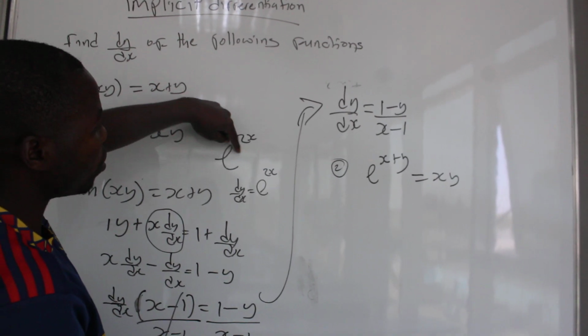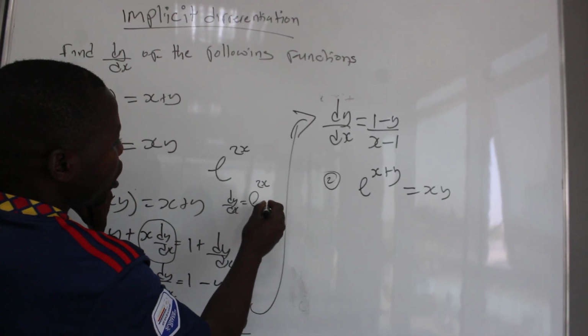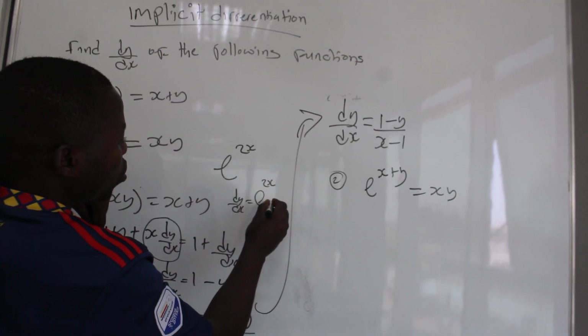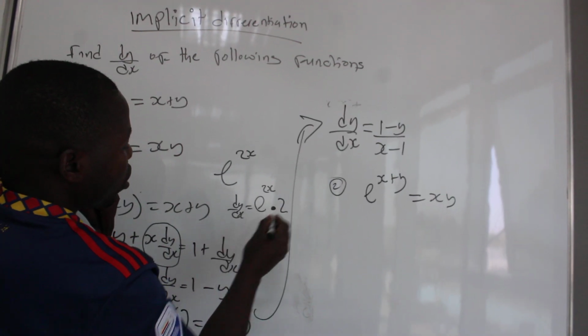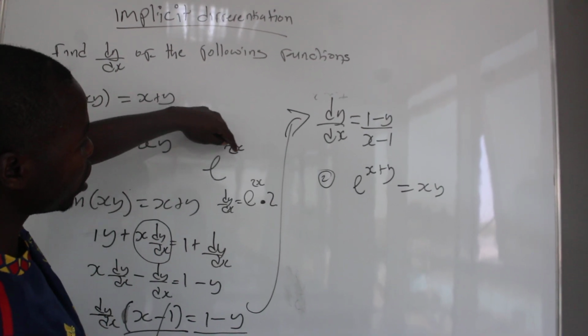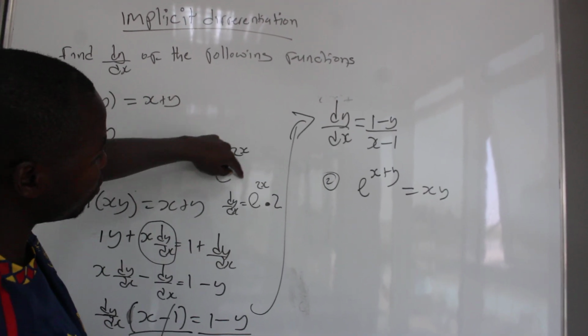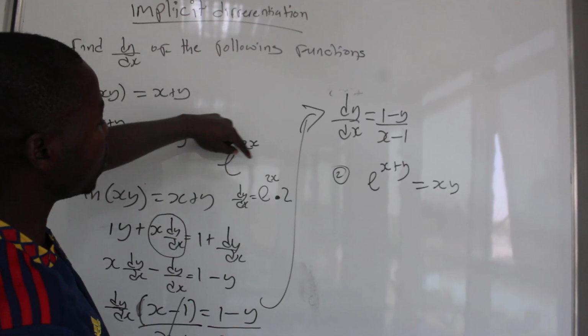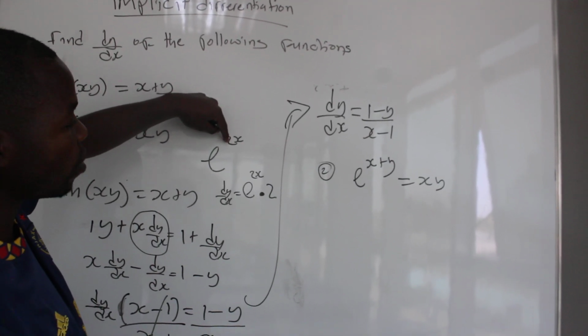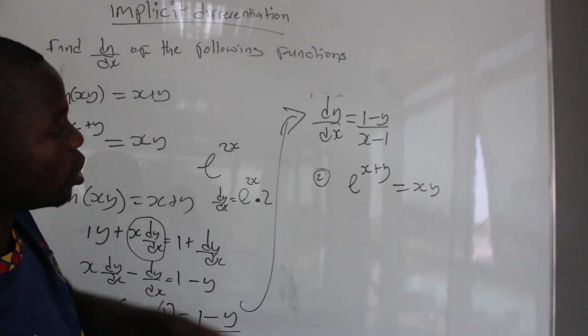What is the dy/dx of the power? It is 2. Okay, so what I'm doing is maintain the function, then differentiate, then multiply with the dy/dx of the power. So this is what I'm going to be doing.